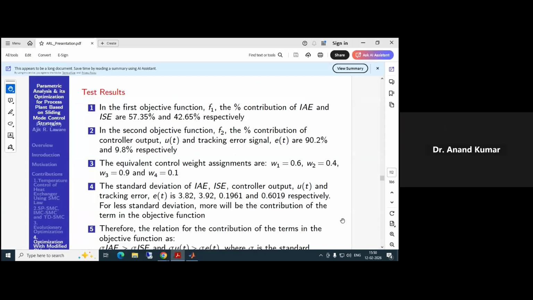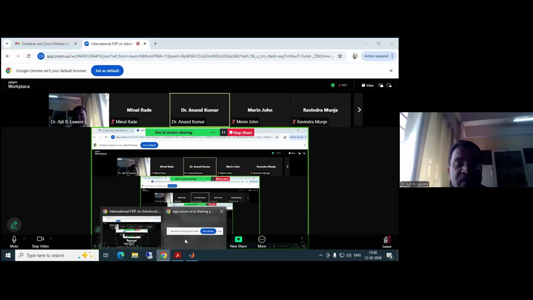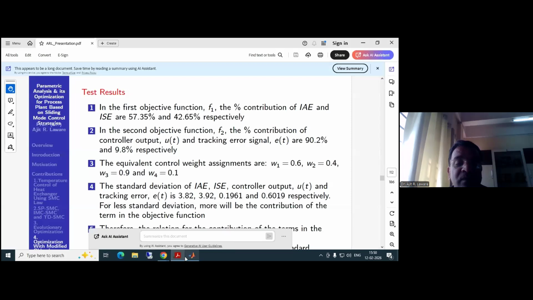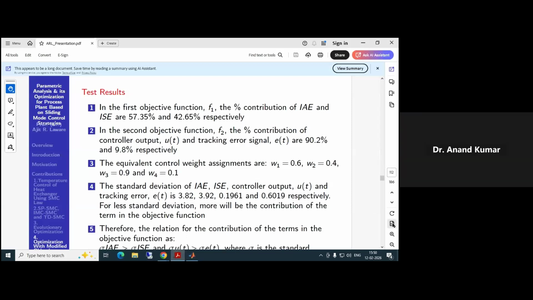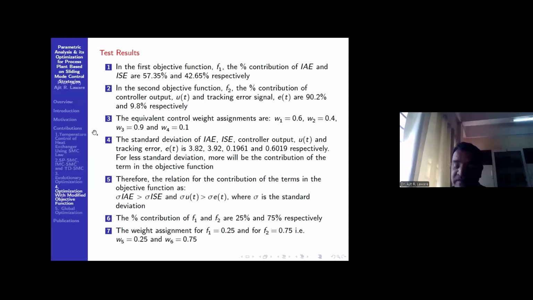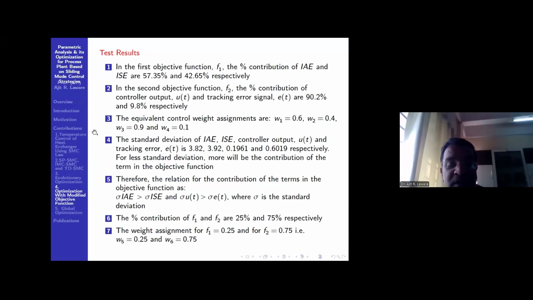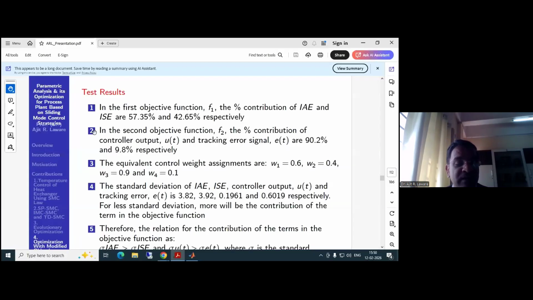What is the benefit of using these weighted objective functions in the performance, in the system response? Yes, in the conclusion of this contribution, I told you.